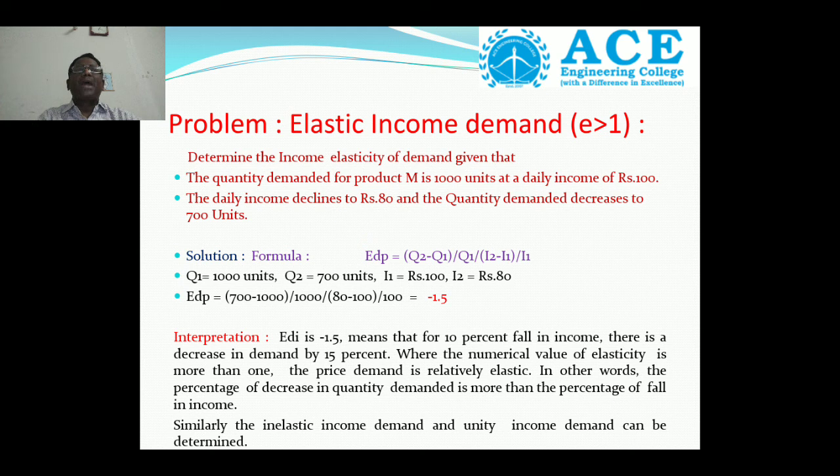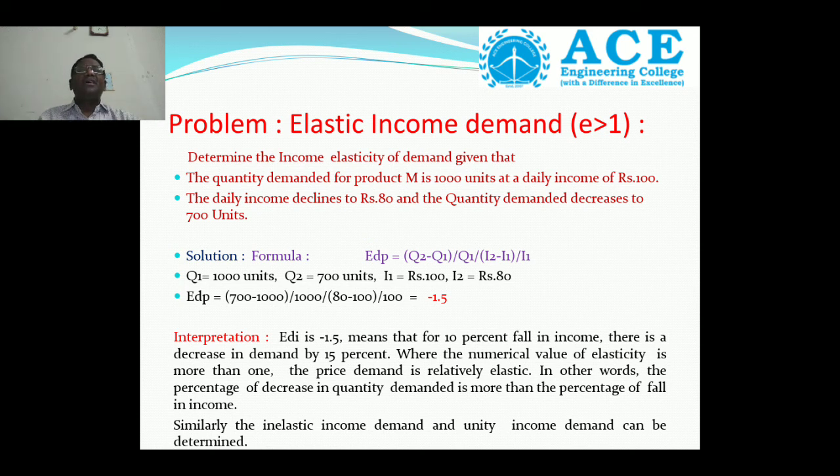P1 is the price before the change, P2 the price after the change. But here we write I1 and I2, whereas there we wrote P. There we took price elasticity, here we are taking income elasticity. That is the difference between the two problems.